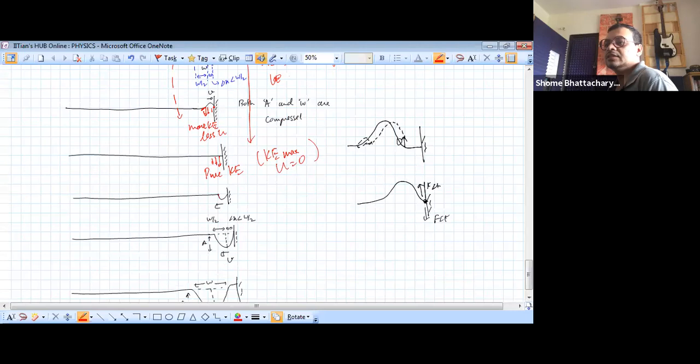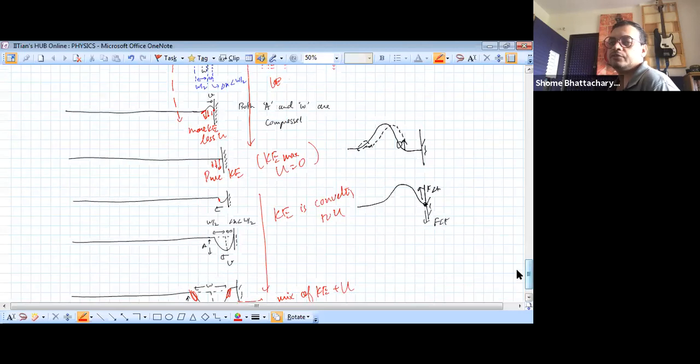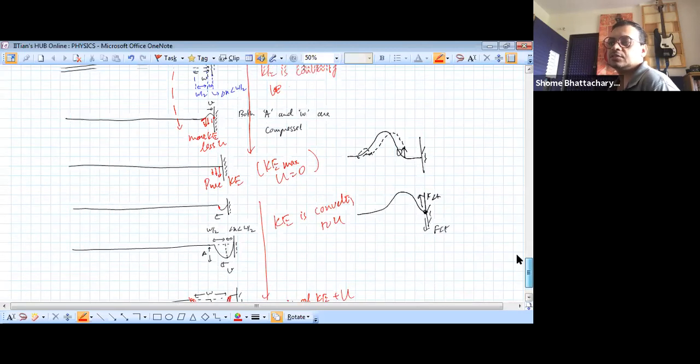And then again, from here to here, kinetic energy is converting to potential energy. And we have here again a mix of kinetic energy plus potential energy. So in terms of energy, this is what is happening in that transformation.